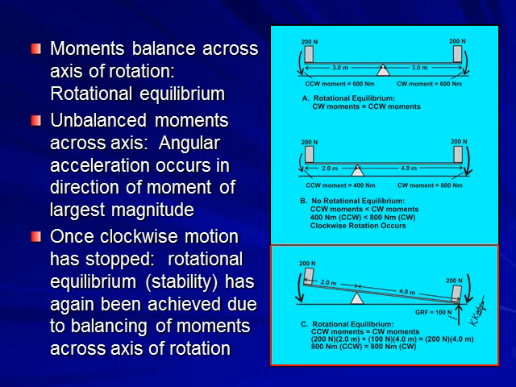What happens next is that the board will obviously rotate in a clockwise direction until it hits the ground, and when it hits the ground it's going to stop rotating again and have a new position of rotational equilibrium.